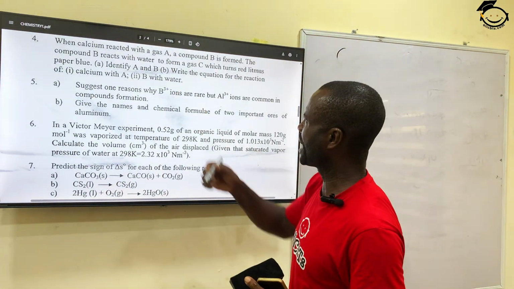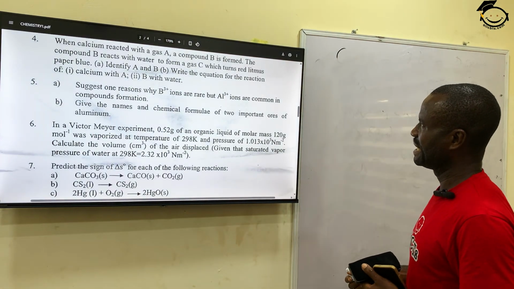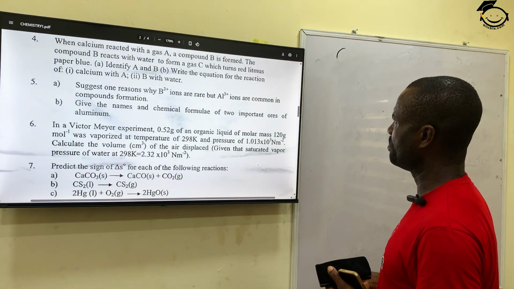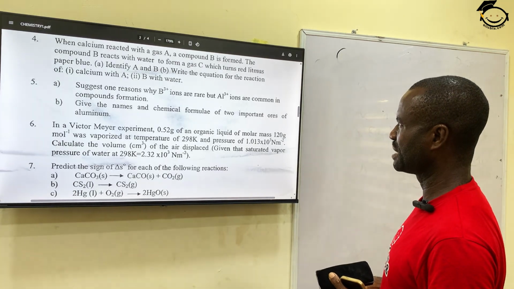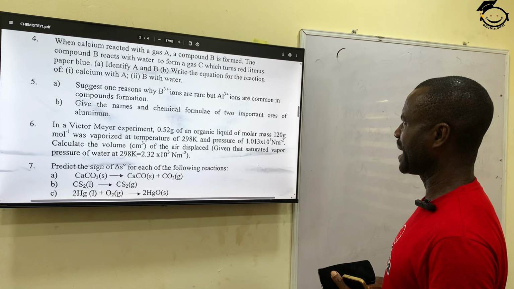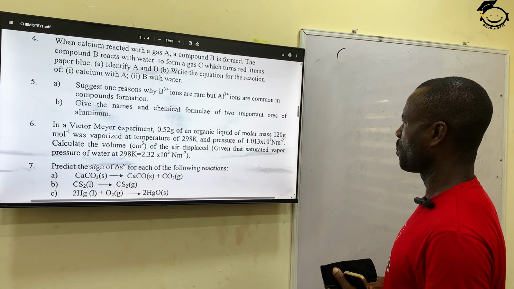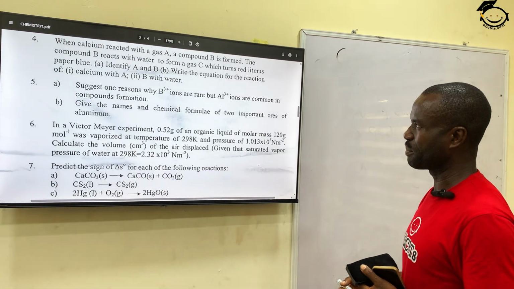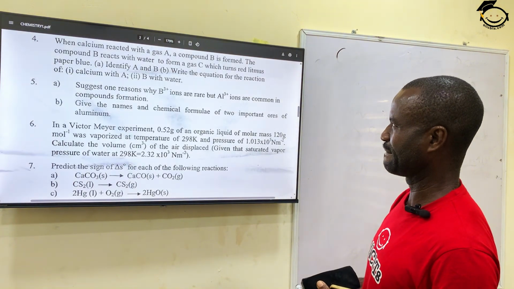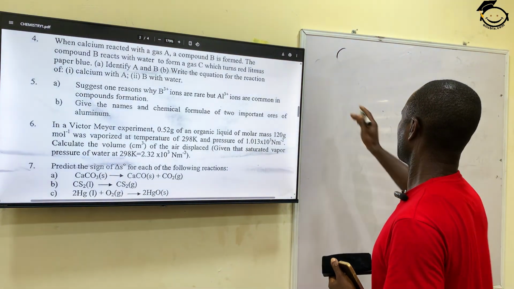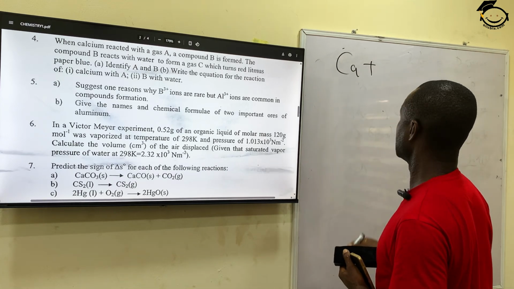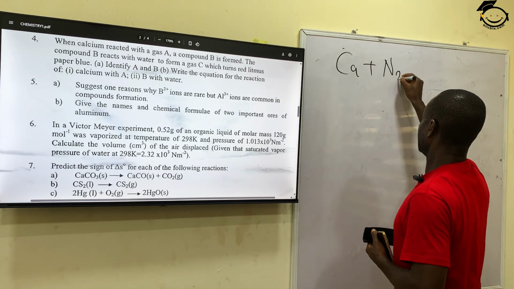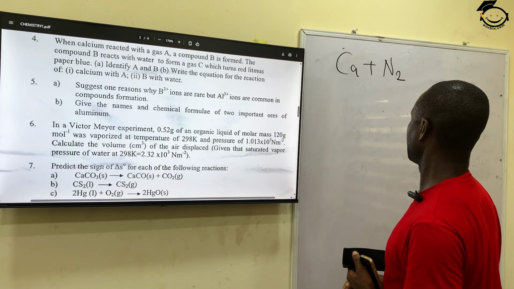Calcium reacts with a gas A and a compound B is formed. The compound B reacts with water to form a gas C, which turns red litmus paper blue. For us to identify A, this is calcium plus nitrogen.